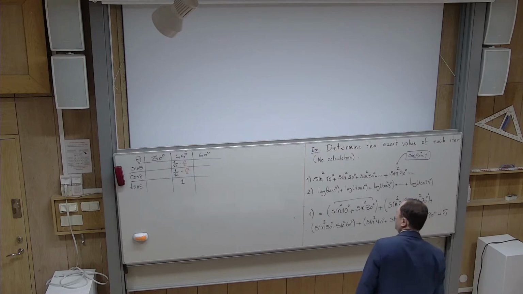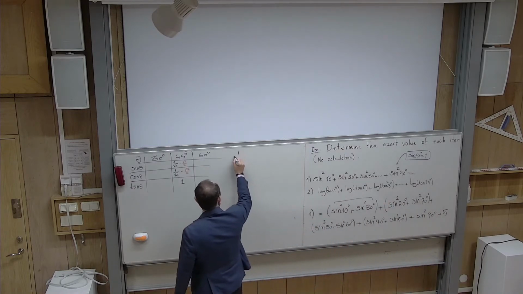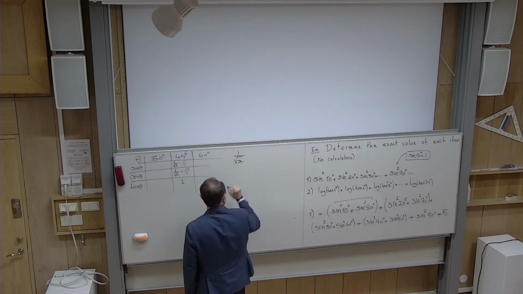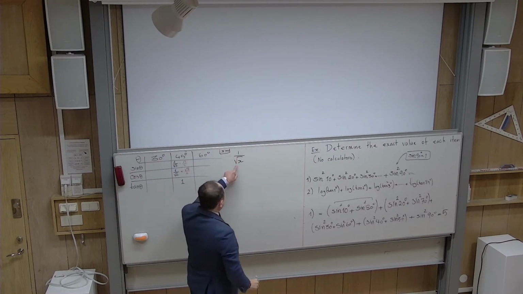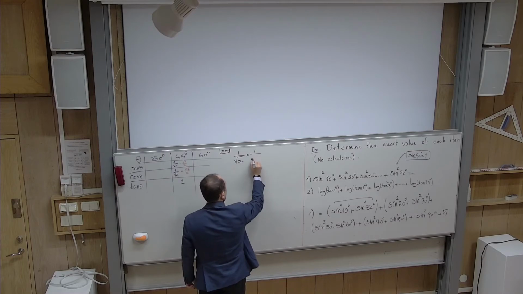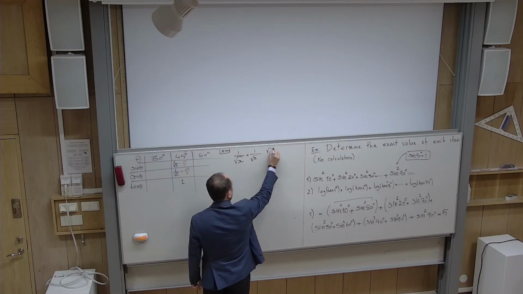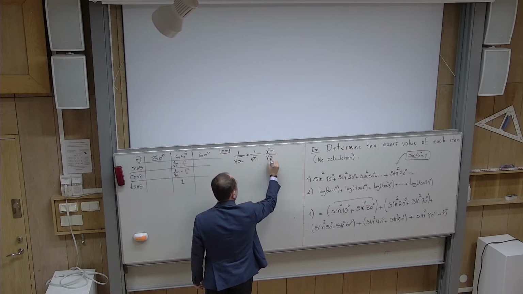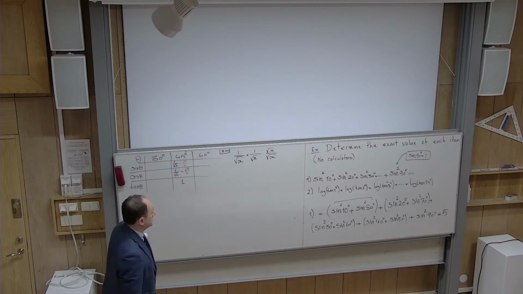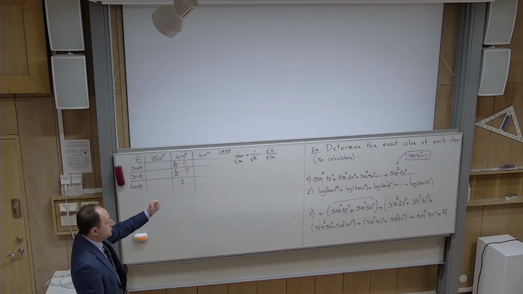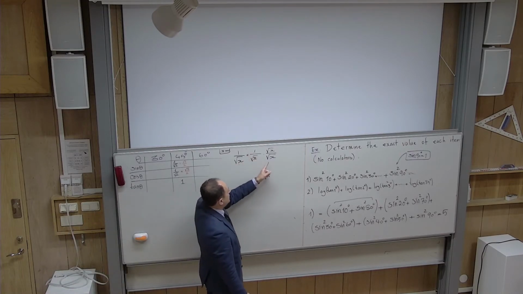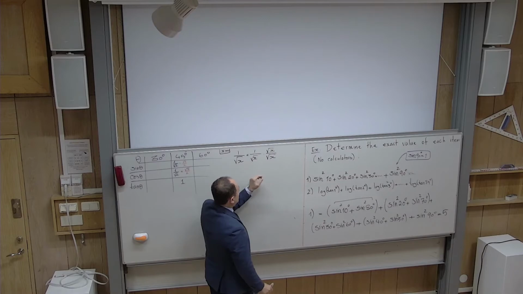Let me write 1 over a square root of x, any x. Of course, positive x. In this case, you can write it as 1 over a square root of x multiplied by square root of x divided by square root of x. Yes? You can multiply and divide, changing nothing. But what is the goal? The goal is to get rid of the square root sign in the denominator.